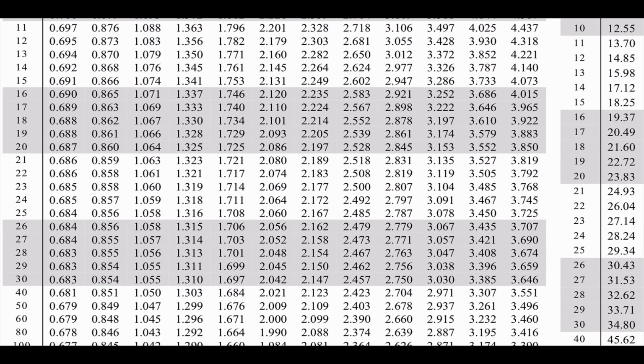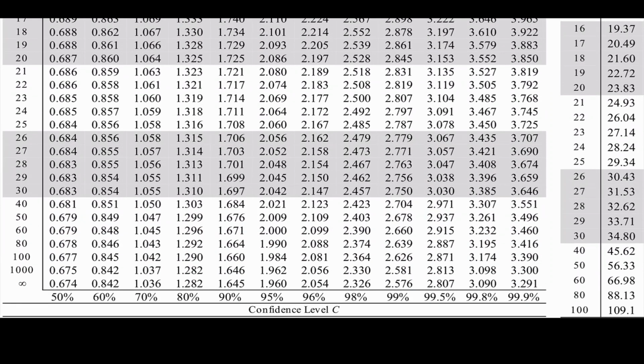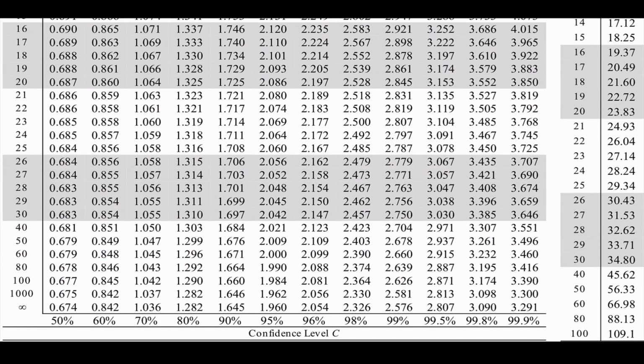There is no 39, but 40 is the closest, so we're going to use the row that says 40. And then, let me highlight that. What percent confidence interval was it? 98. So we're going to go where those meet. 2.423.